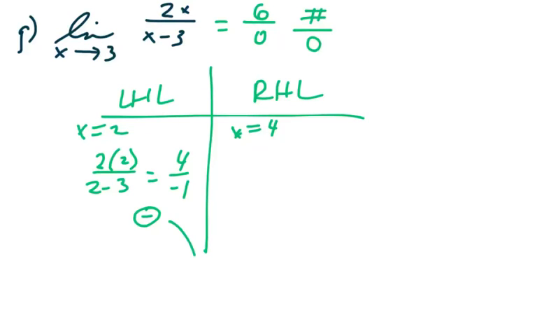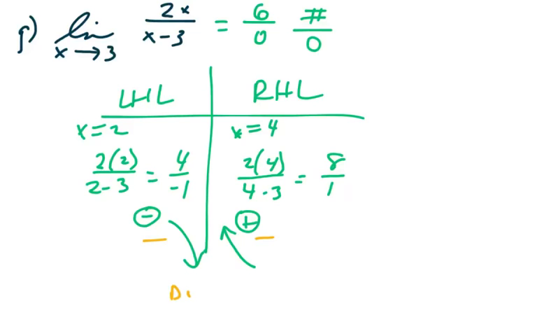That's a negative value, which means that the left side's going down. Over here, 2 times 4 over 4 minus 3. We are going to get 8 over 1, which is a positive number. That means that my right-hand side is going up to positive infinity. And since these two signs are different, that means that my overall limit does not exist. Okay? So if we're going to two different signs, the limit does not exist.